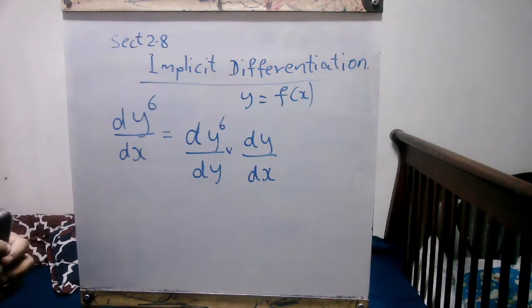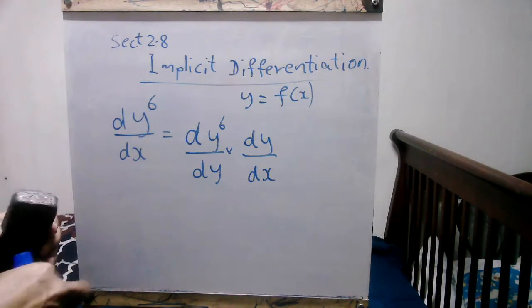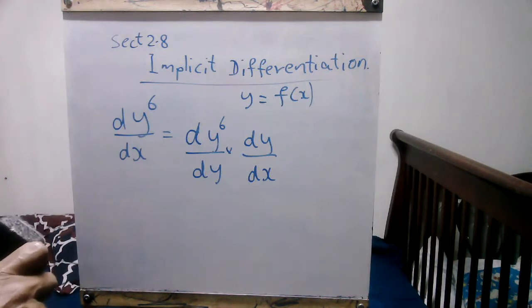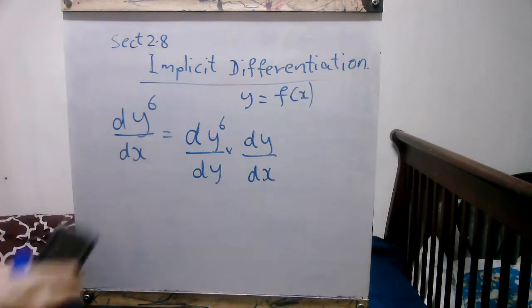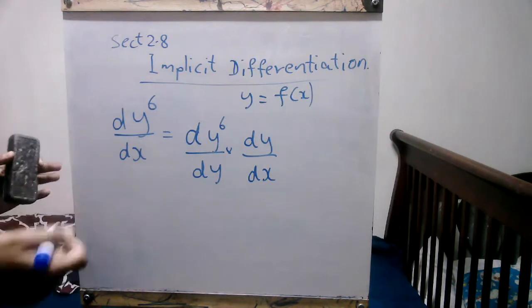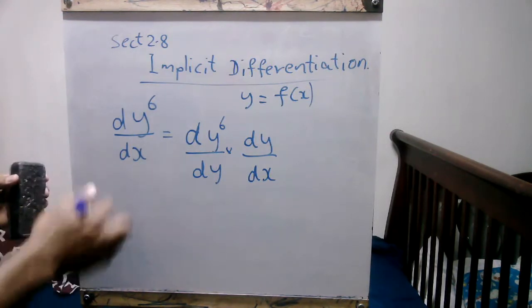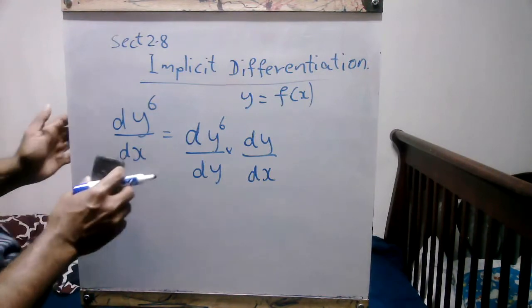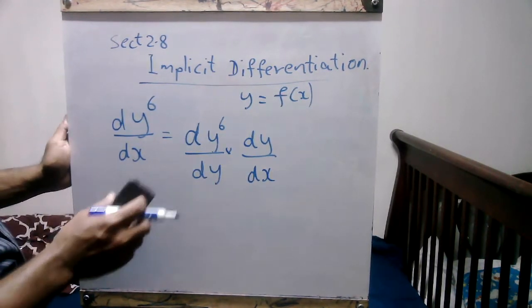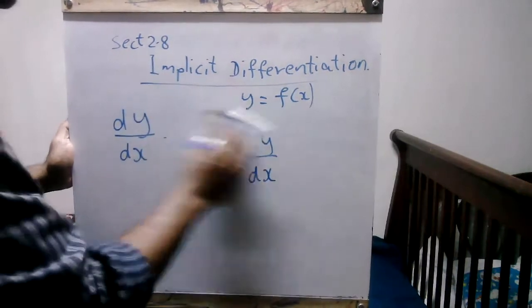Given the distance function, find the velocity or acceleration, something like that. So in any case, it doesn't matter if we find the derivative in terms of x and y.